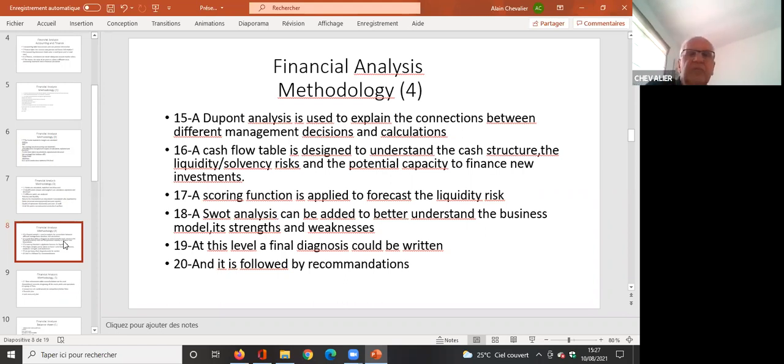And of course, if you are interested in financial analysis and finance, or you want to become an expert in financial analysis, you have to invest in the knowledge of these new trends towards an increase in the use of scoring functions, rating, artificial intelligence, neurons, and of course, cash flow tables.